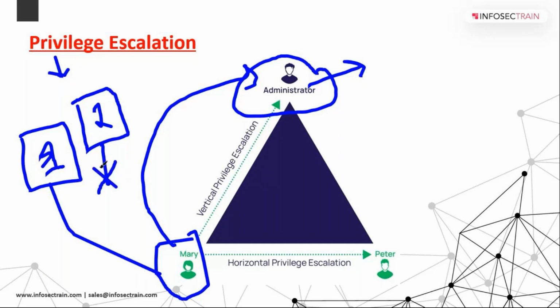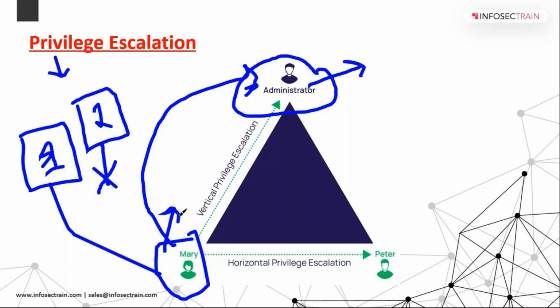She wants to hack into the second server. So she hacks into this administrator, or tries to gain the privileges of this administrator. That is called vertical privilege escalation. If you try to get more privileges, more permissions than are provided to you, that is called privilege escalation.